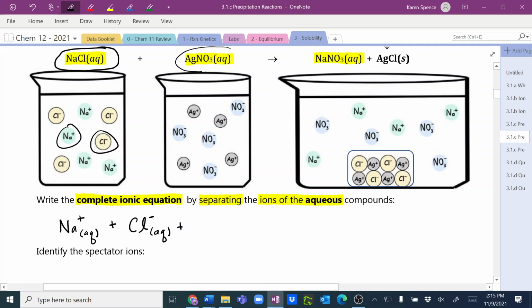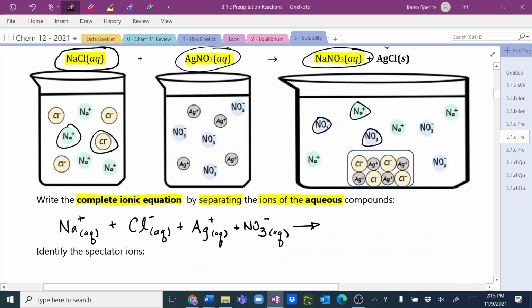So in this next one, the silver and the nitrate are not together, they're actually separate. So we will write the Ag plus separate from the NO3 minus. In our products, you can see that the NaNO3, if you look at those ions, they are floating around separately from one another, and that's because they are aqueous.